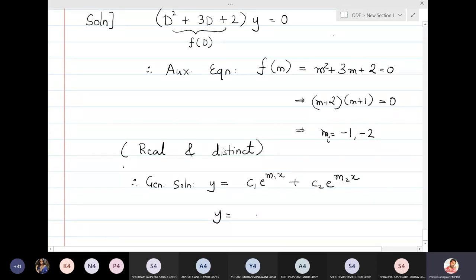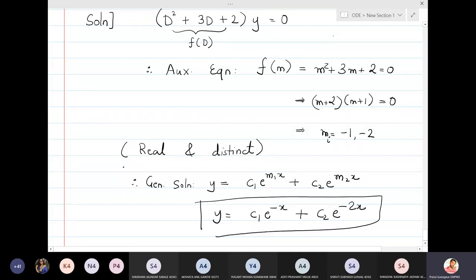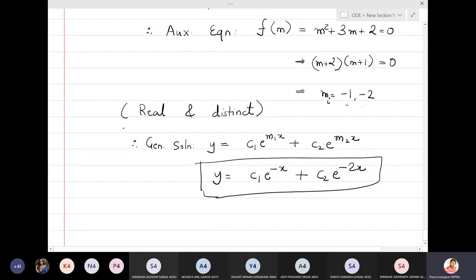So my solution is c1 e power minus x plus c2 e power minus 2x. If we change the positions of minus 1 and minus 2, you will get c1 e raised to minus 2x plus c2 e raised to minus x, which is the same because c1 and c2 are constants. So this is the general solution of this particular thing.